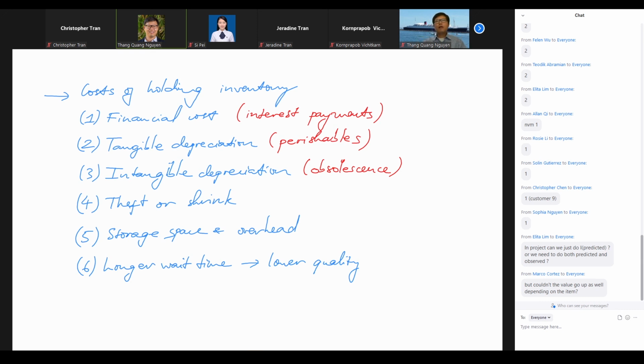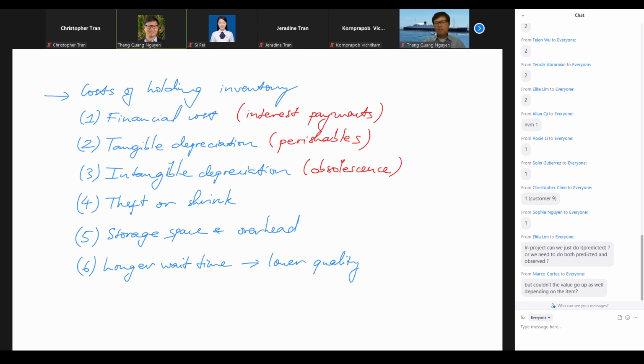Marco, you talked about possibly collectibles, okay? But you know what? A lot of people try to sell the collectibles as much as they can because the value of those items will not go up over time. It's not like Van Gogh paintings and things like that, right? They are just collectibles.